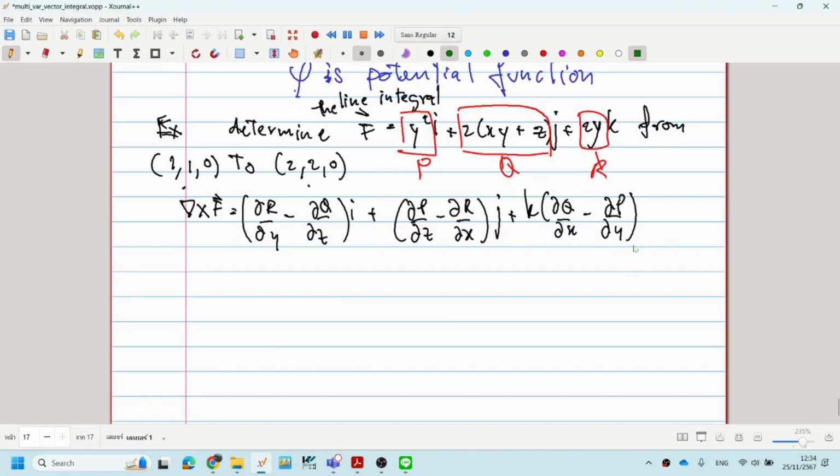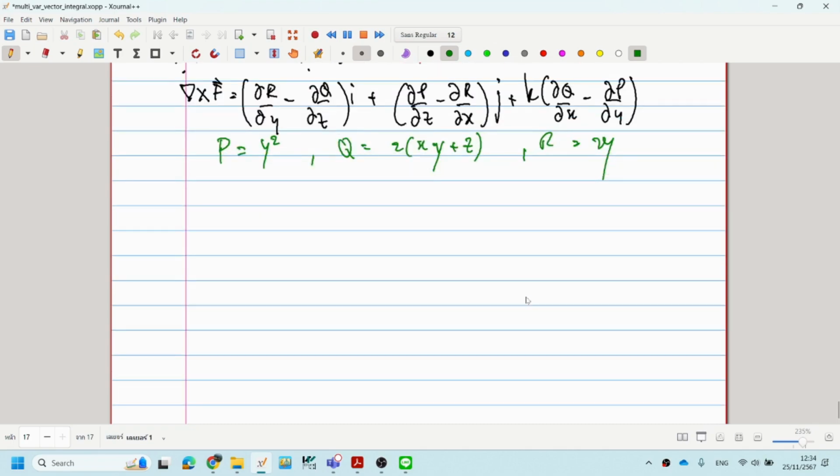Using this formula and comparing with the components i, j, k, the coefficient of i is P and of k is R. So you can define P as y squared, Q as 2xy plus z, and R equal to 2y.